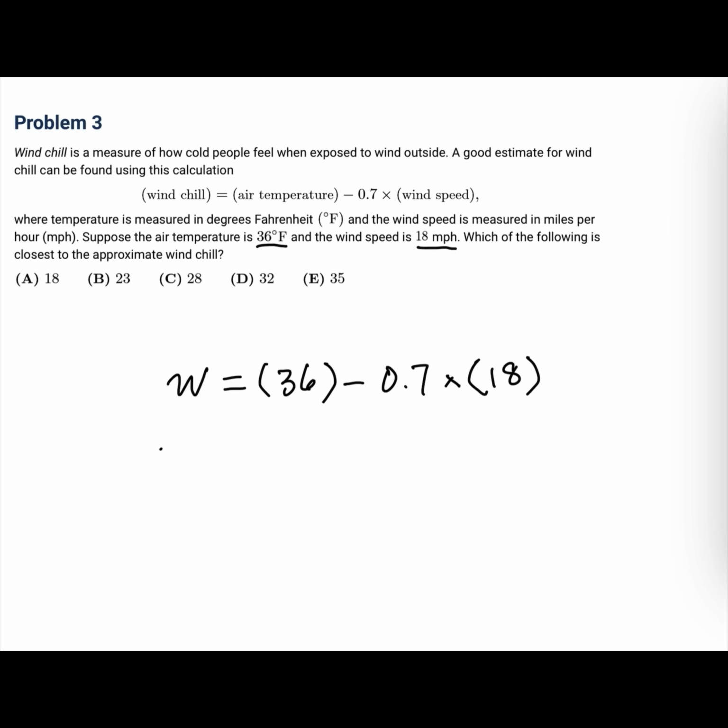Simplifying, we get that W is equal to 36 minus 12.6, and we get that W is equal to 23.4. The problem asks us which one of the following is closest, so our answer is B, 23.